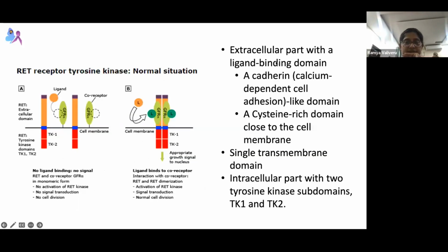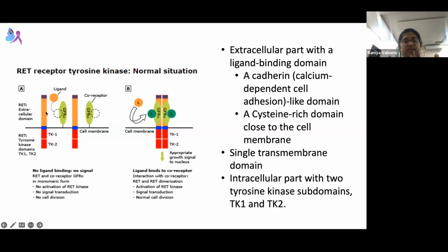The extracellular part has a ligand binding domain, a cadherin-like domain and a cysteine-rich domain. You can remember this: there is a cadherin calcium-dependent cell adhesion-like domain and a cysteine-rich domain. There is extracellular part, transmembrane part, and intracellular part.